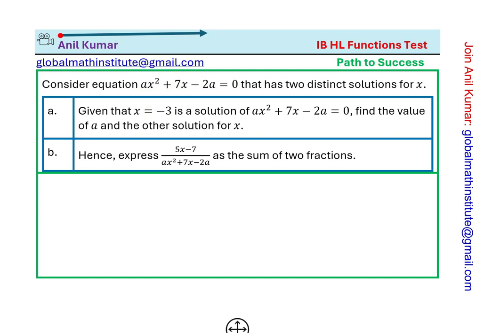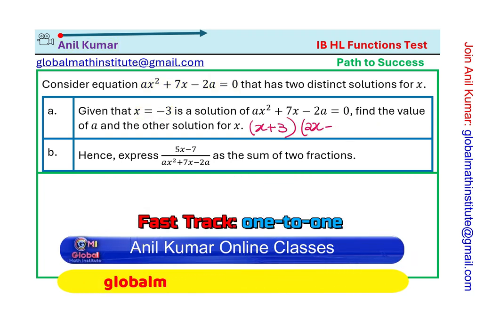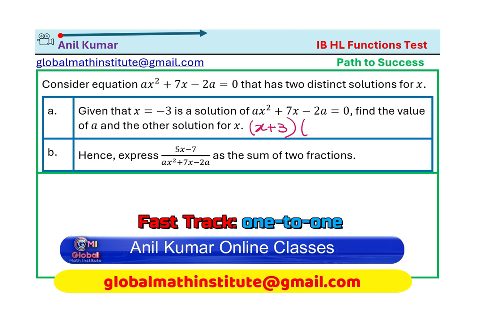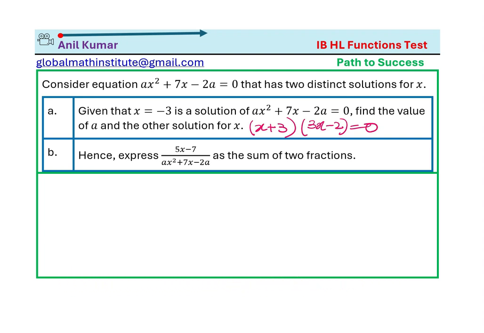So this equation is x plus 3 times 3x minus 2 equals to 0. So one root is x equals to minus 3, already given to you. The second one is 2 over 3.